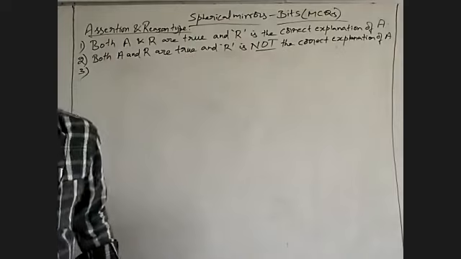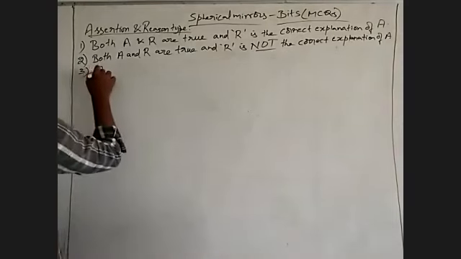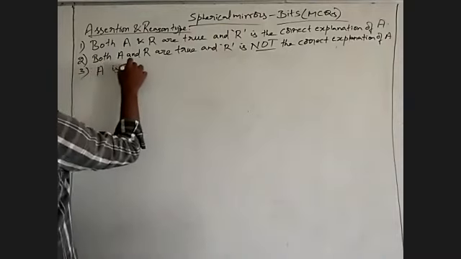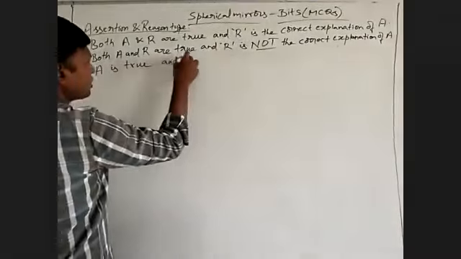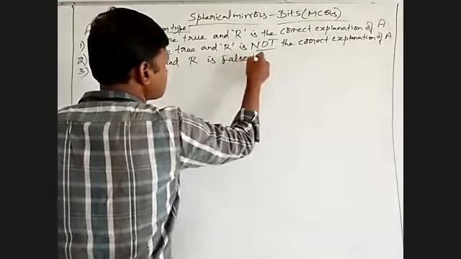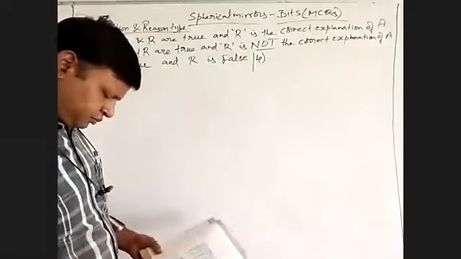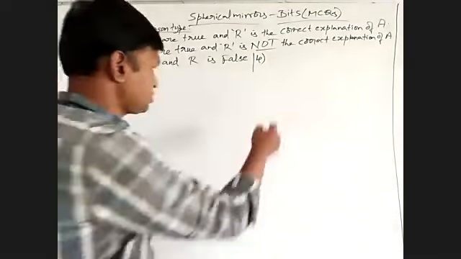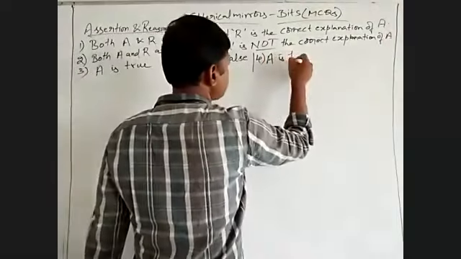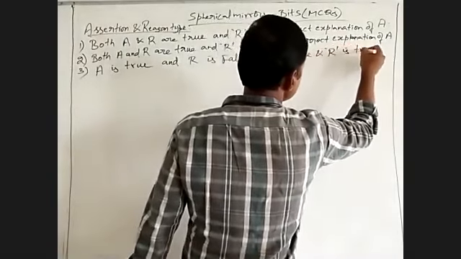So the third one, are you able to see this? Okay. The third one is A is true and R is false. And then the fourth one, that is A is false and R is true.